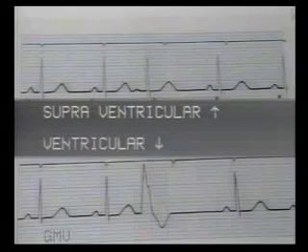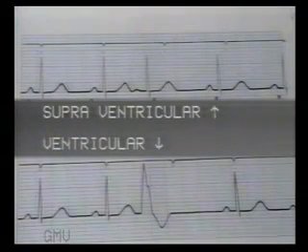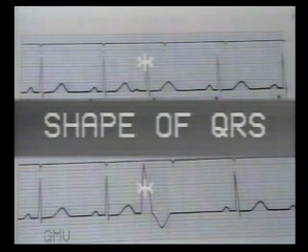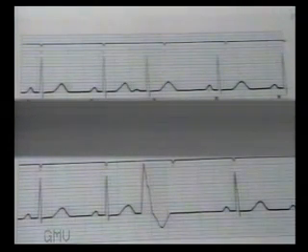So let us now study the differences between ventricular and supraventricular or atrial premature beats. Number 1. The atrial premature beat has normal QRS configuration, while ventricular premature beats have a wide and bizarre QRS complex. Number 2.